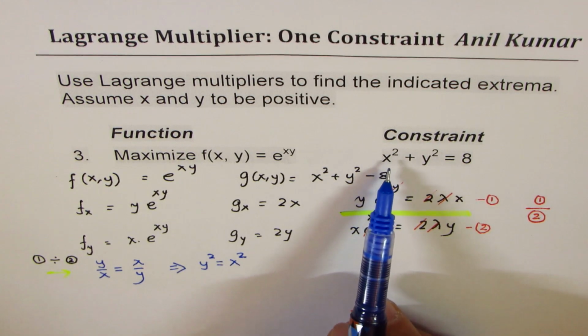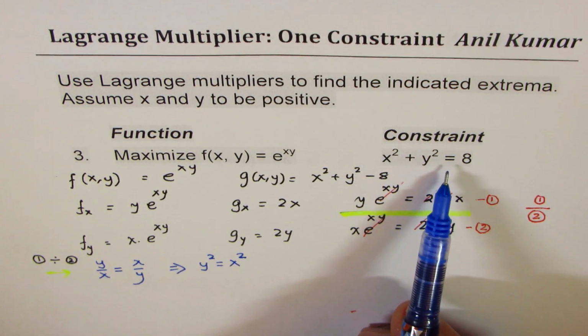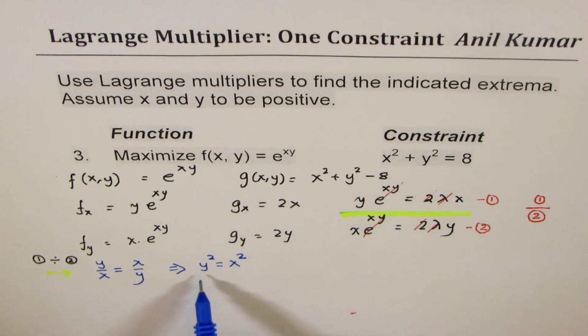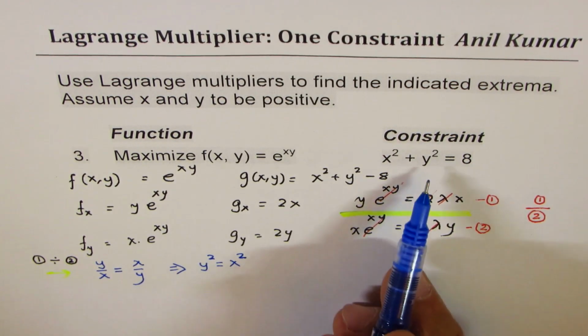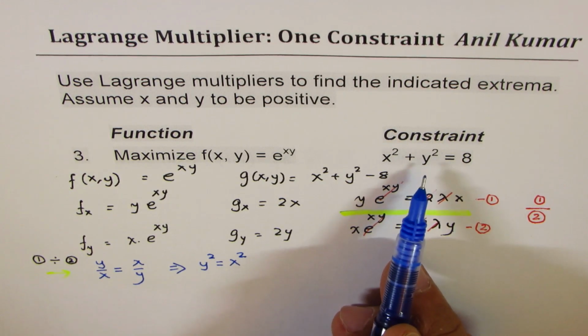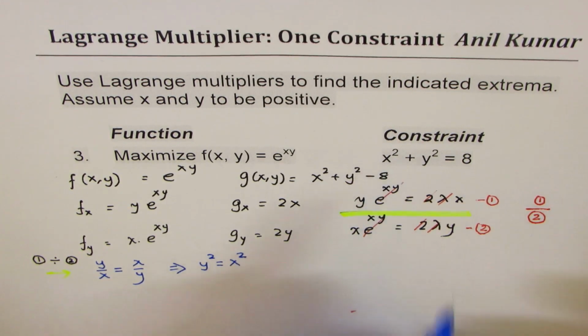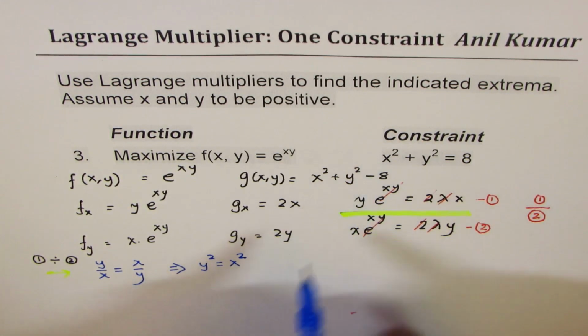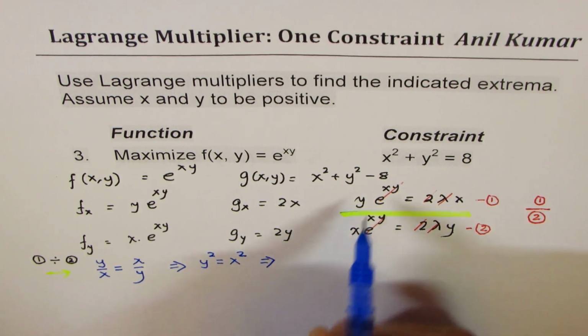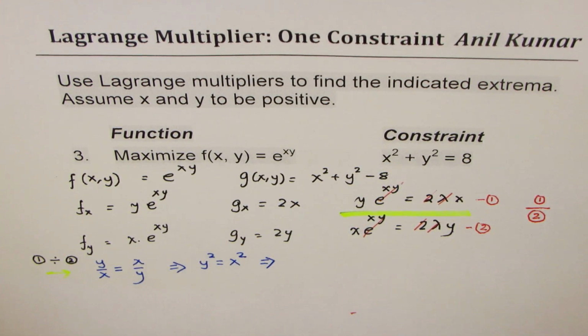Now, we have a constraint, which is x squared plus y squared equals 8. Correct? So if I substitute y squared equals x squared here, I can solve for x.